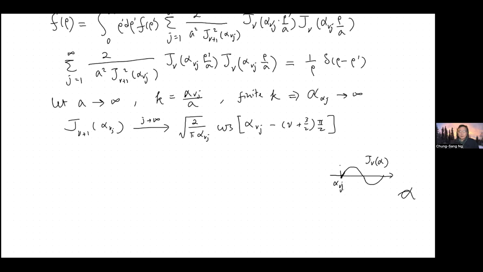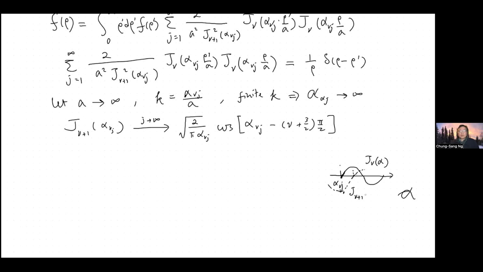This will be delayed by pi. That will be 0 here, and this is J nu plus 1 because of the shift of pi over 2, at this location, alpha nu j. You see that when J sub nu is 0, J sub nu plus 1 is actually minus 1.